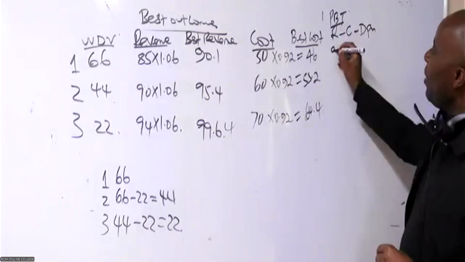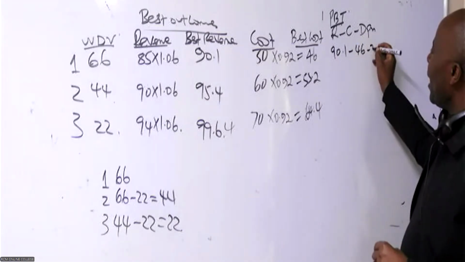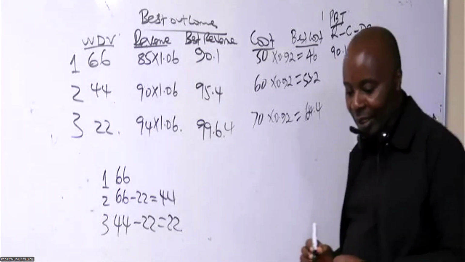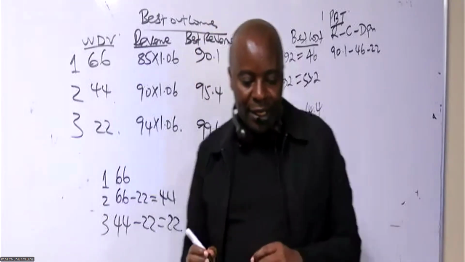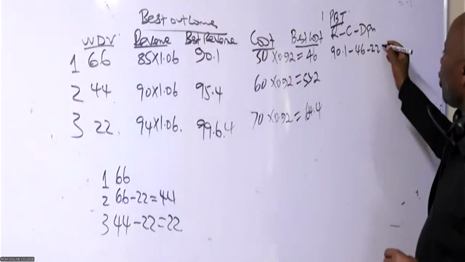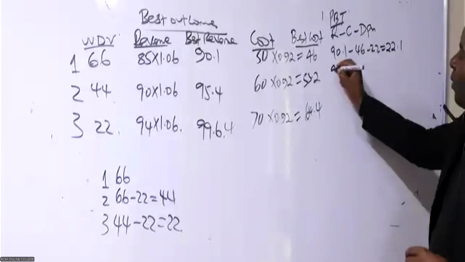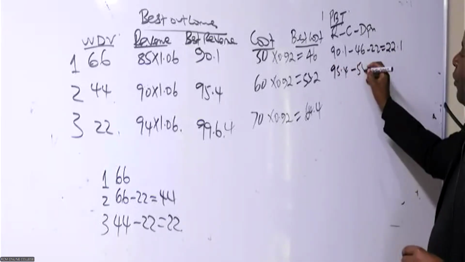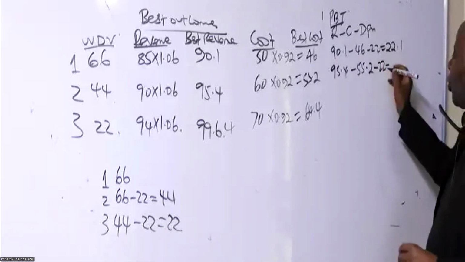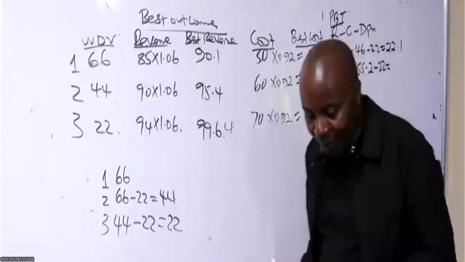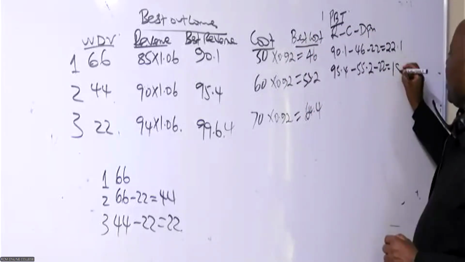So then this one here will be 90.1 minus 46 minus 22. Sorry for that. So the first one gives us 22.1. The second one will be 95.4 minus 55.2 minus 22, which gives us 18.2.